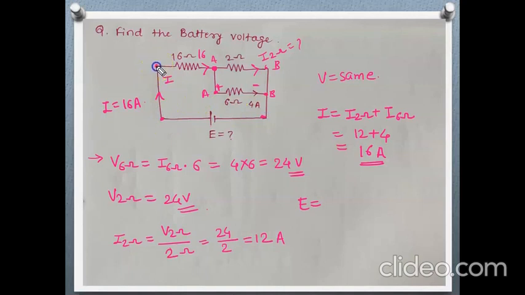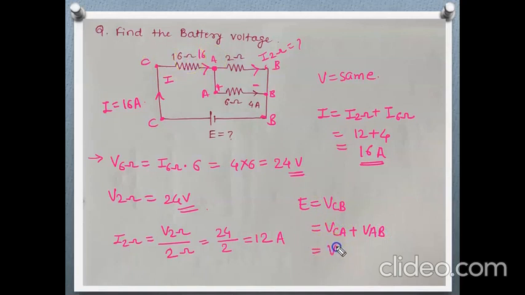Let's say this point is C, and this is B. So the voltage between C and B is the battery voltage E. It will be the voltage CA plus voltage AB, which is the battery voltage. And what is voltage CA, between these two?